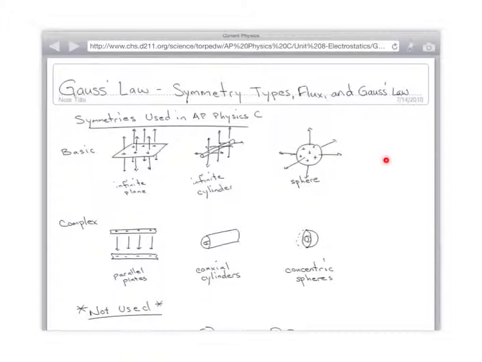No, right? What about an infinite plane? They would never curve. So that means that if I had another sphere outside of this first sphere, the field lines from the first sphere would impact the second sphere perpendicularly. Wouldn't you agree? Well, that's kind of a symmetry.